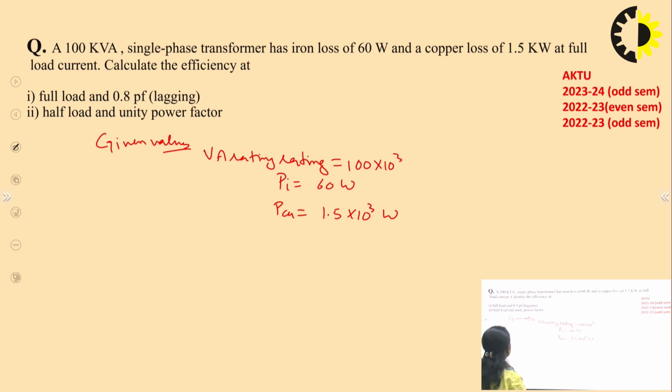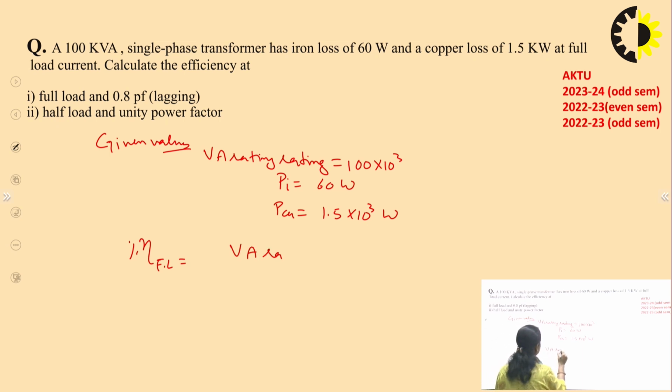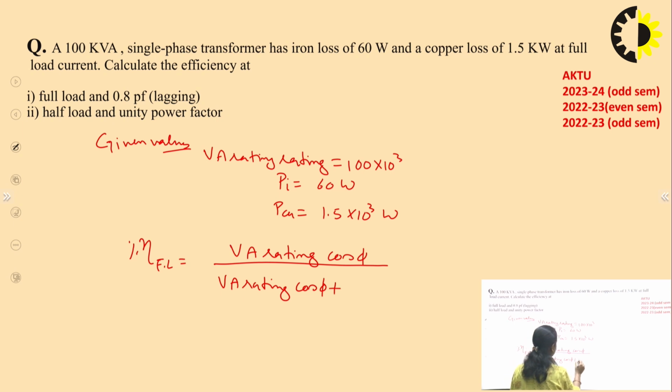Calculate the efficiency at full load at 0.8 power factor. What is the formula to find efficiency at full load? We have seen that it is VA rating cos phi divided by VA rating cos phi plus iron loss plus copper loss.